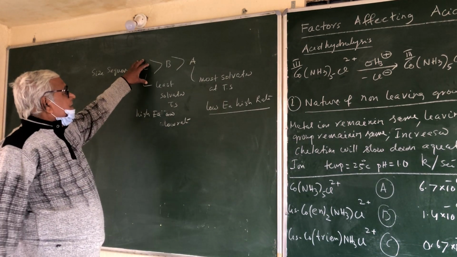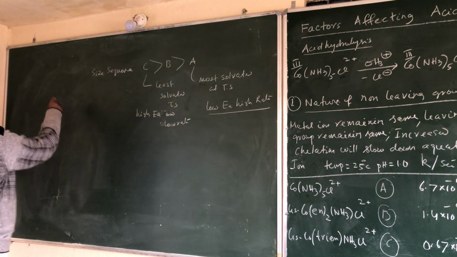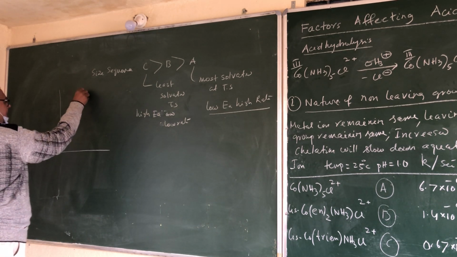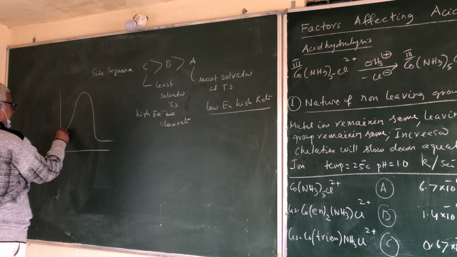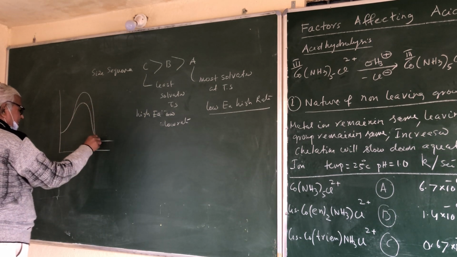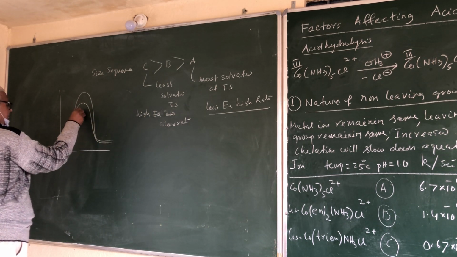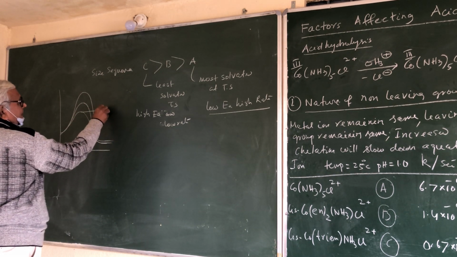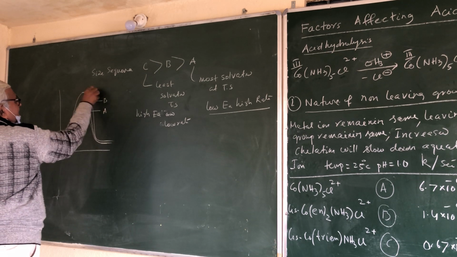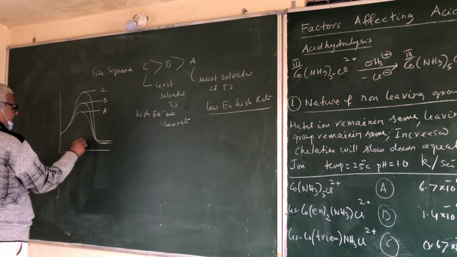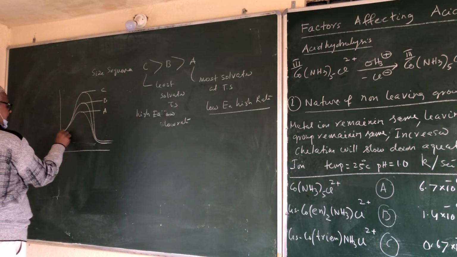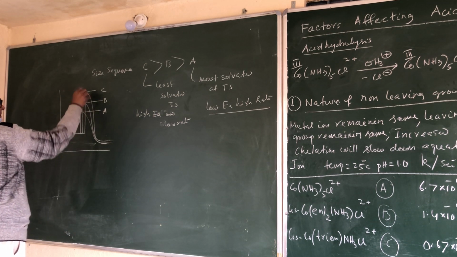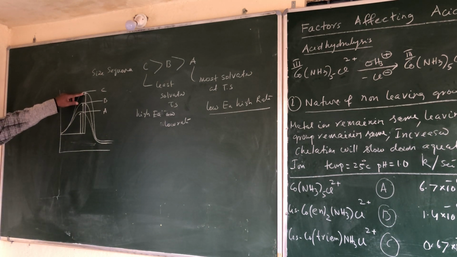So since this is least solvated, if you compare a plot like this, this is A, this is B, this is C. So activation energy will be highest.